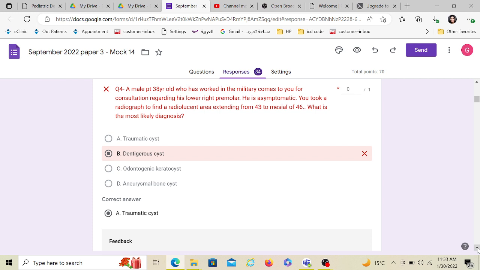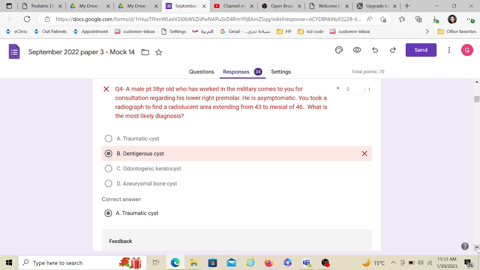Each word has a meaning. Each word has a scenario attached to it. So when they say there is a male patient who is a 38-year-old and who has worked in the military, military means what? He was in war. Means he must have suffered some trauma here and there. You understand?